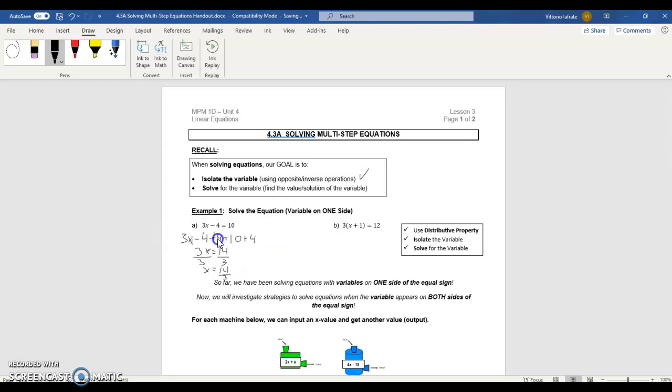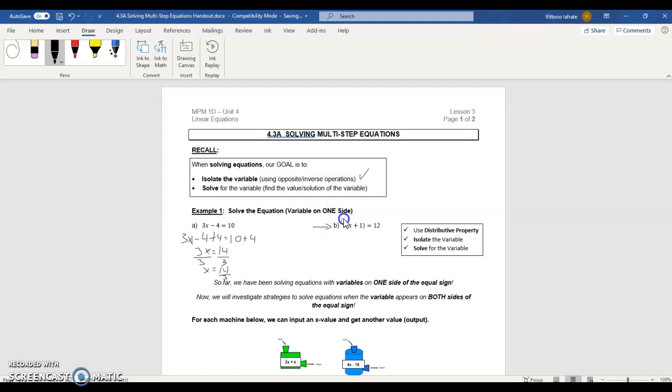So what I've done there is I've basically just isolated the variable by doing inverse operations. One thing that you might need to do sometimes is you might get an equation that looks something like this. And before you isolate the variable, you need to make sure you use your distributive property to simplify first and then solve. So it's always important to simplify first and then proceed to solving.